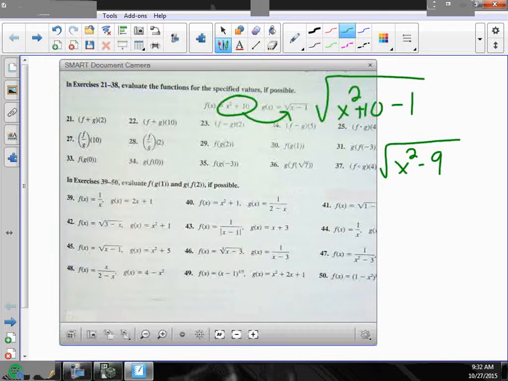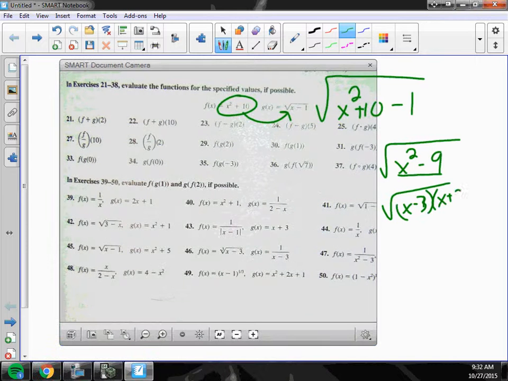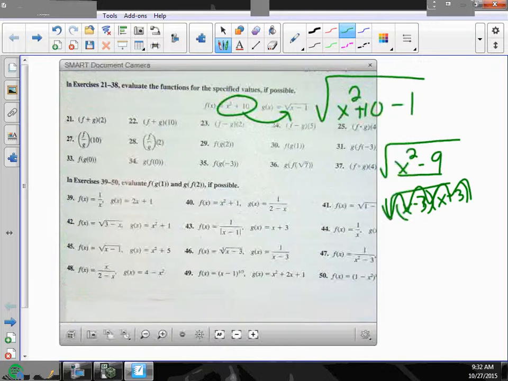So this gives me the square root of x squared minus 9. Can I simplify that? Well, this factors into x plus 3 and x minus 3. Can I square root that? No. If it was x plus 3 squared, then I could. But that doesn't go any further.